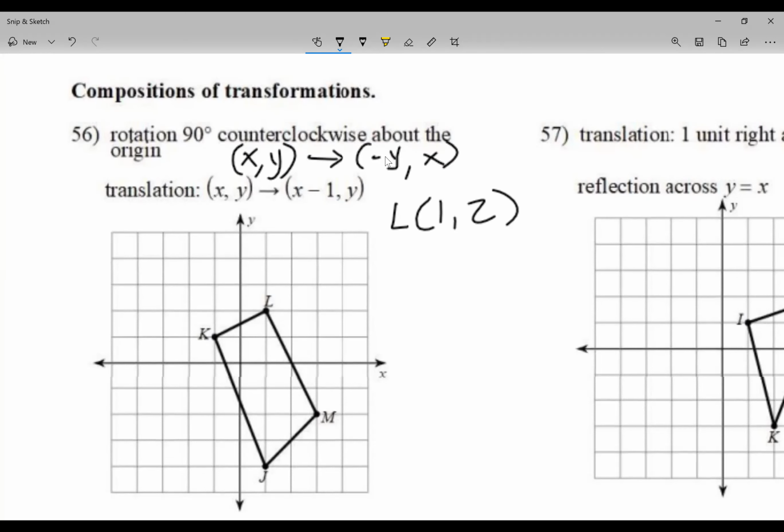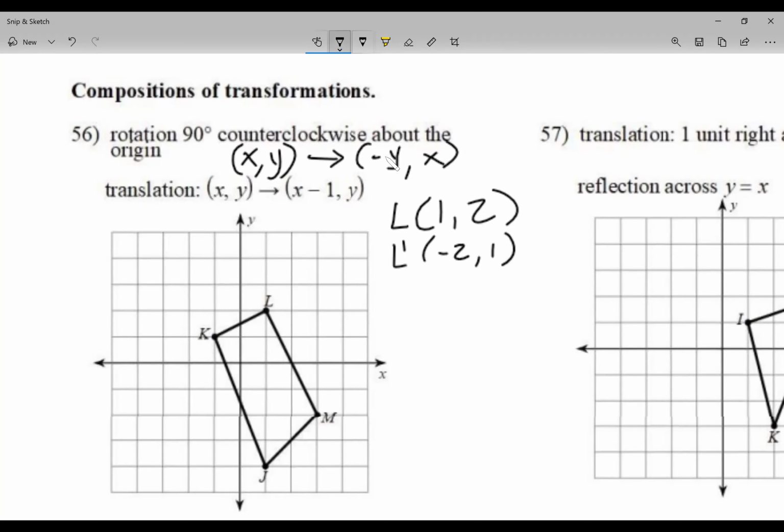My first transformation says 90 degrees counterclockwise about the origin, and it says (x, y) becomes (negative y, x). So let me call that L prime, right? My first transformation is going to be (-2, 1). Notice the x and the y switch places and I switch the sign on the 2. That's my L prime.